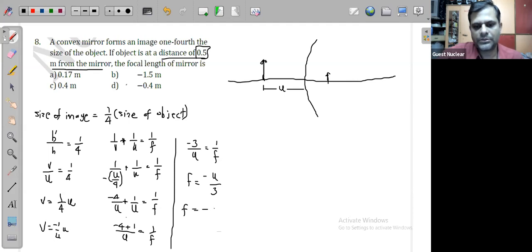Means it is going to be minus of. अभी u is again negative. So that's why we have to consider it as minus of 0.5 upon 3, which is actually going to be minus of minus plus, and 0.5 upon 3 comes out to be 0.17 meter, which is actually going to be the correct answer, which is there in option A here. Okay.